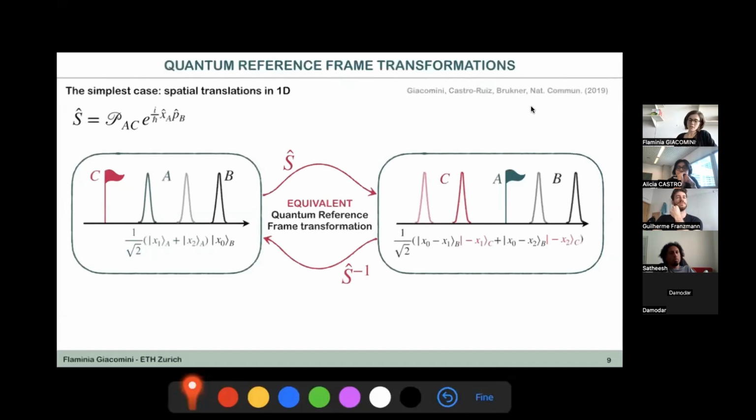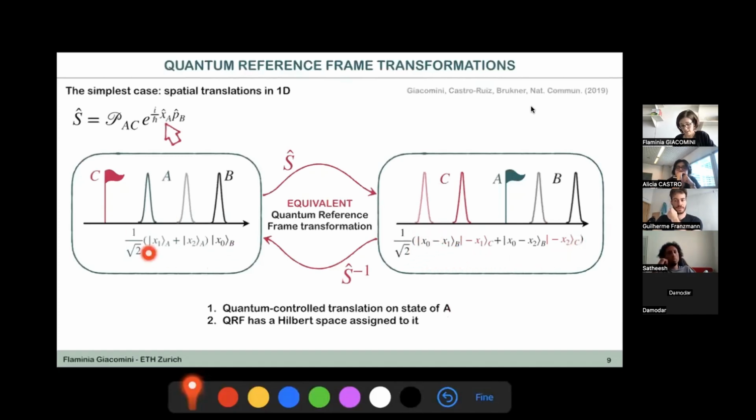So one thing that I would like you to notice is that here I started from a product state, and after the transformation, I have an entangled state. So here we are seeing that entanglement and actually also superposition are quantum reference frame dependent properties.